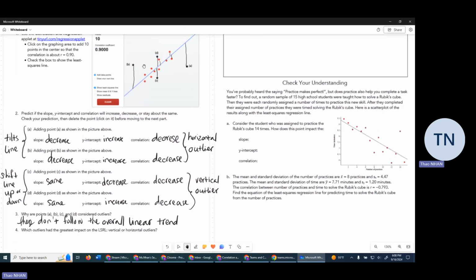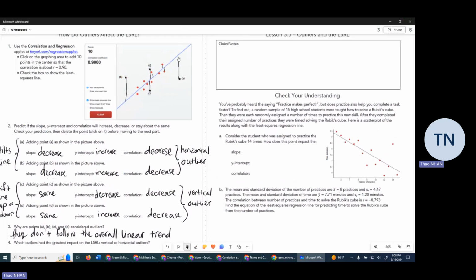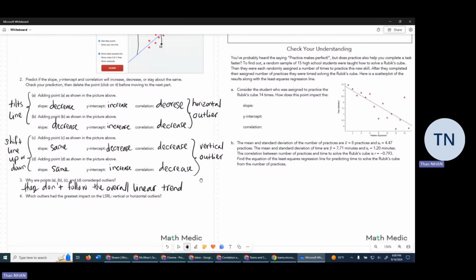These guys were outliers that are very far away from your line, so their residual is extremely big. That's why they don't follow the trend of a line, of your linear equation. Basically, it's telling you that they have large residuals.